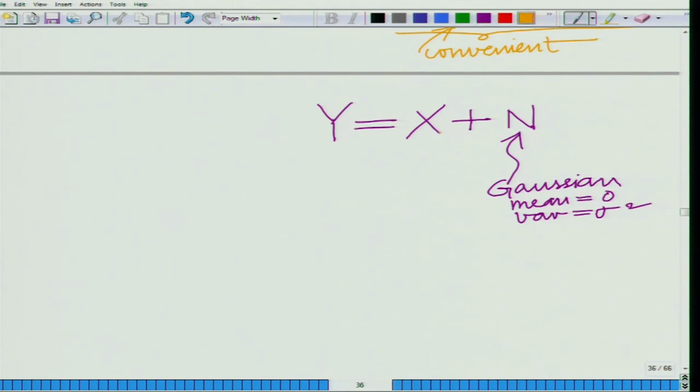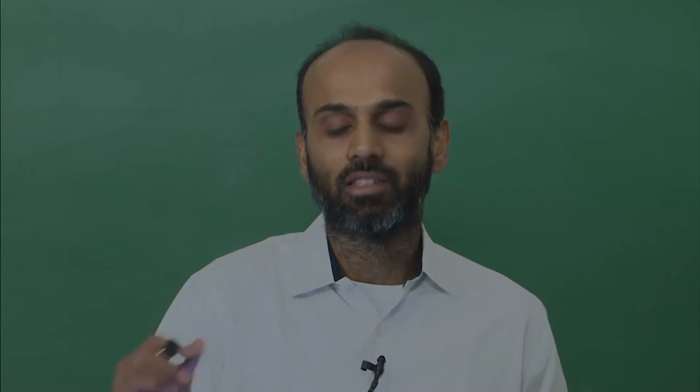Now given x, it means x is a constant, and this constant x is being added to the Gaussian noise. If a constant is added to a 0 mean Gaussian random variable, all it does is simply shift the mean. The mean of this Gaussian noise n is 0. The addition of this constant x simply shifts the mean to x, and the variance remains unchanged.